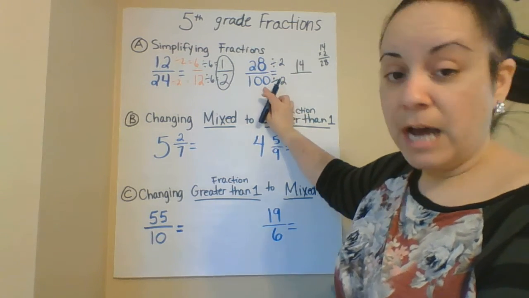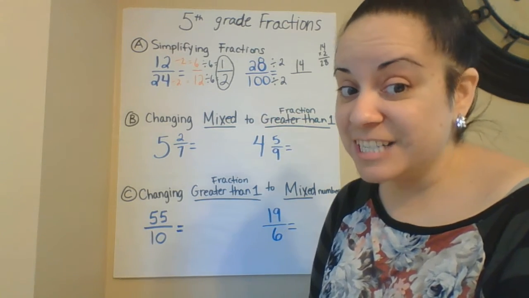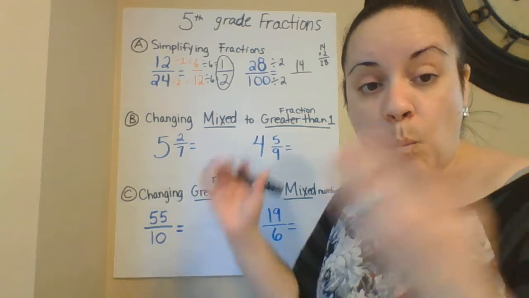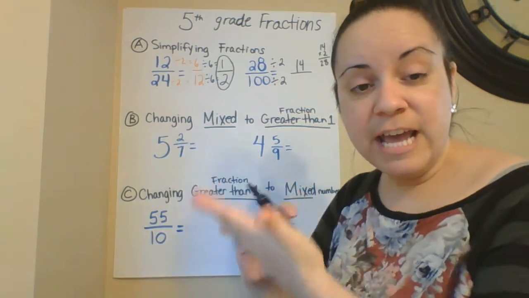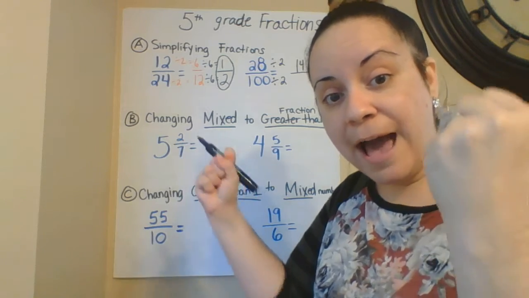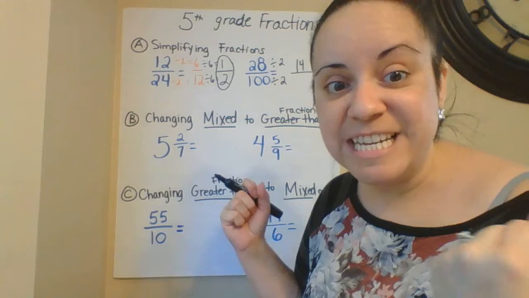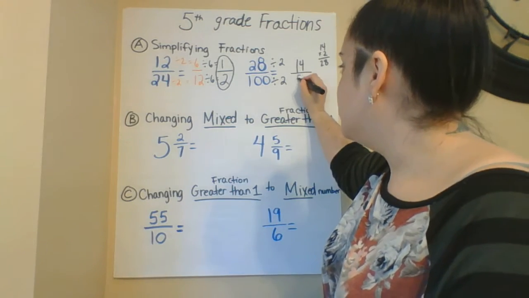Now, 100 divided by 2. Well, that sounds hard, but actually it's not. Because what is half of 100? If I take 100 and I break it into 2 parts, half of 100 is 50. Good job. 50.